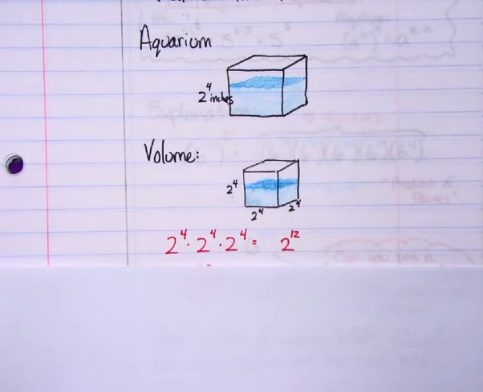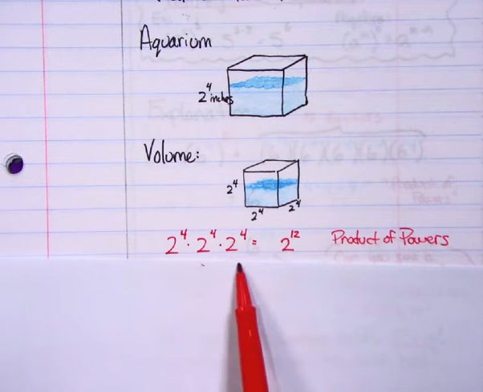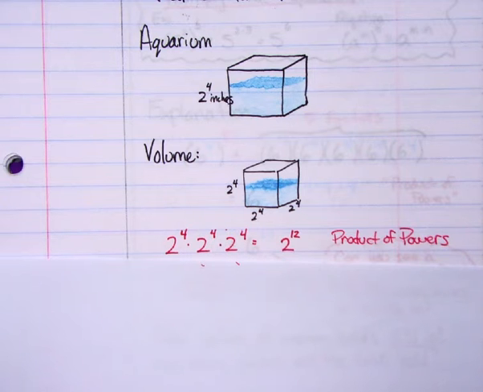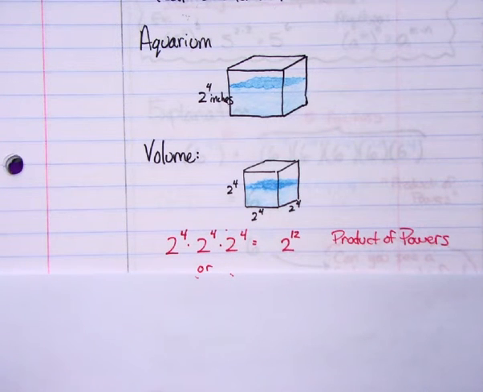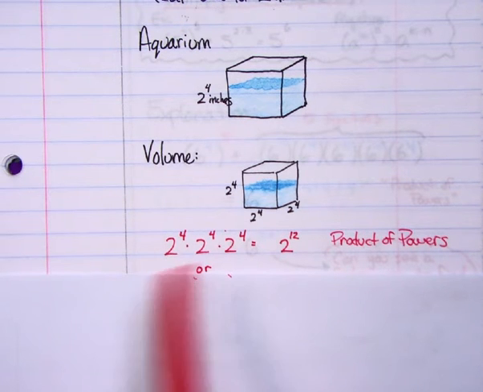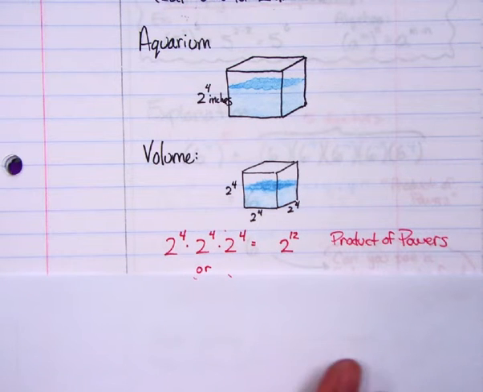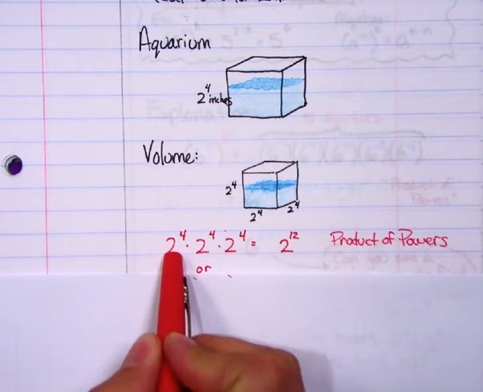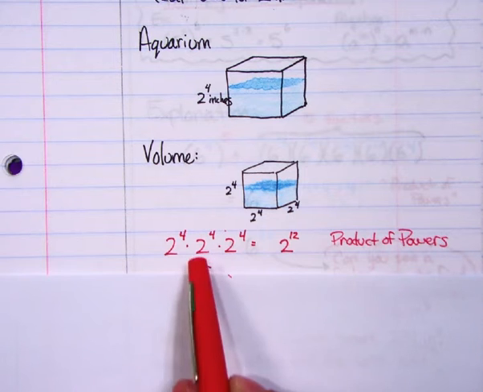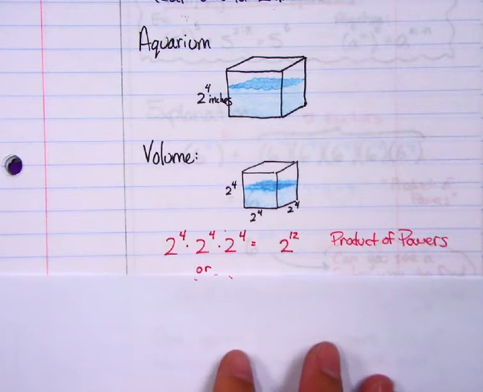You remember there was a property we learned called the product of powers property. It says when I have the same base, I'm allowed to add those exponents and get my final answer. What we'll be learning today is that there's a way to write repeated multiplication, which you probably already know, using exponents. But what if I have exponents that are being repeated, like we have here?